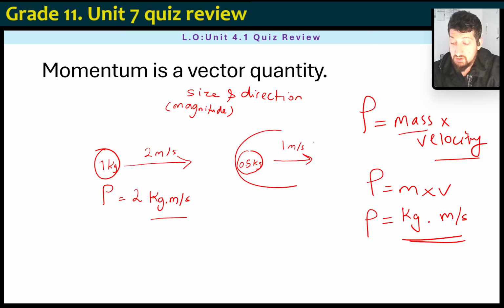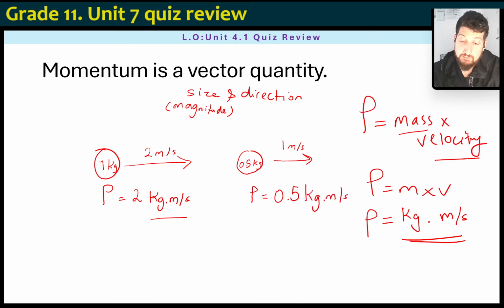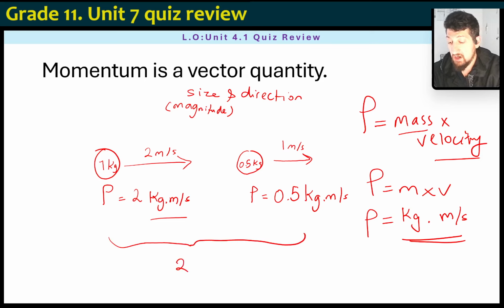So what's going to be the solution for this one? I hope you've had enough time to work it out. Half of 1 is, in this case, going to be 0.5 kilograms dot meters per second. And so what I can do now, since they are facing the same way, I can add them together and say the total momentum is going to be equal to 2.5 kilograms dot meters per second.